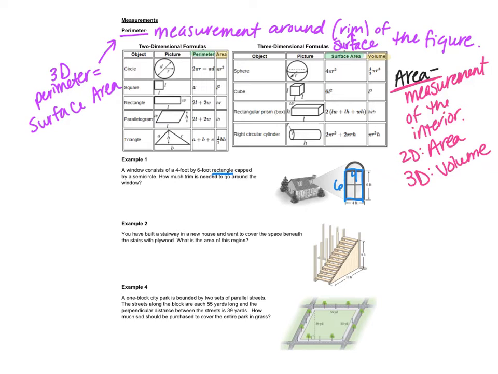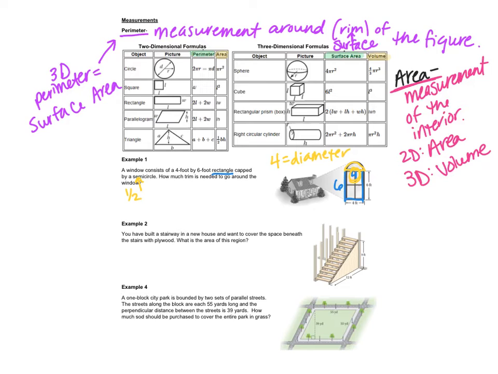Now, I'm just going to look at this semicircle here. This semicircle is including that 4 foot across. So the 4 feet is actually going to represent the diameter of that semicircle. Remember it's a semicircle, semi meaning half, right? So it's half of a circle.